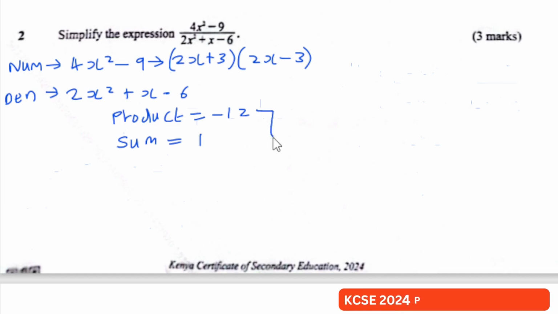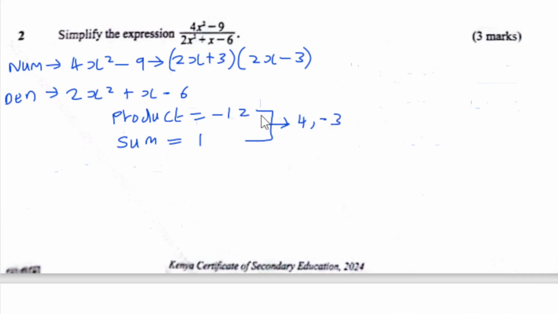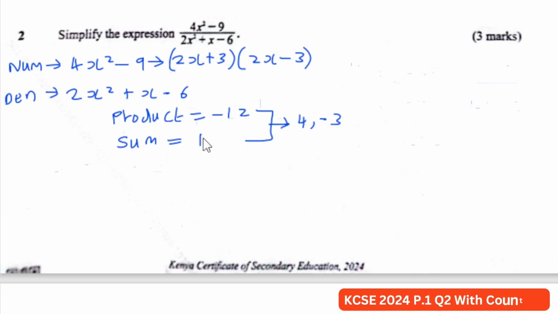What are those two numbers? Definitely those two numbers are 4 and negative 3. Why? Because 4 multiplied by negative 3 is negative 12, and 4 plus negative 3 is 1. Therefore, these are the numbers we are going to use to expand our middle term.